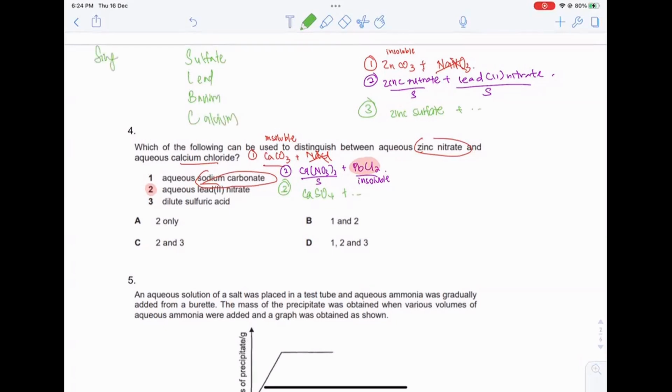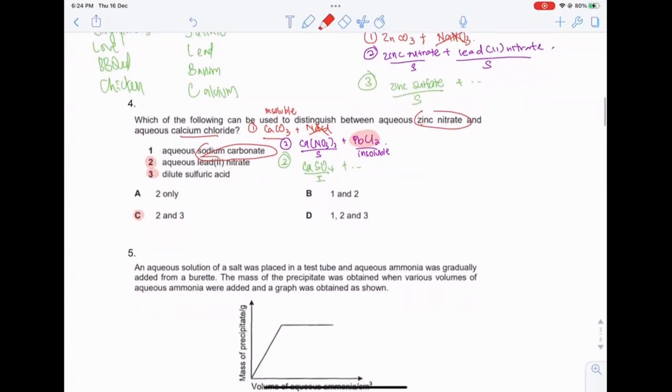So my own acronym is Singaporeans love barbecued chicken. So therefore, this doesn't fall under the lead, barium, calcium, so it's soluble. Then this one is insoluble, so hence it will distinguish. So the answer is 2 and 3, so it's C. Okay, next.